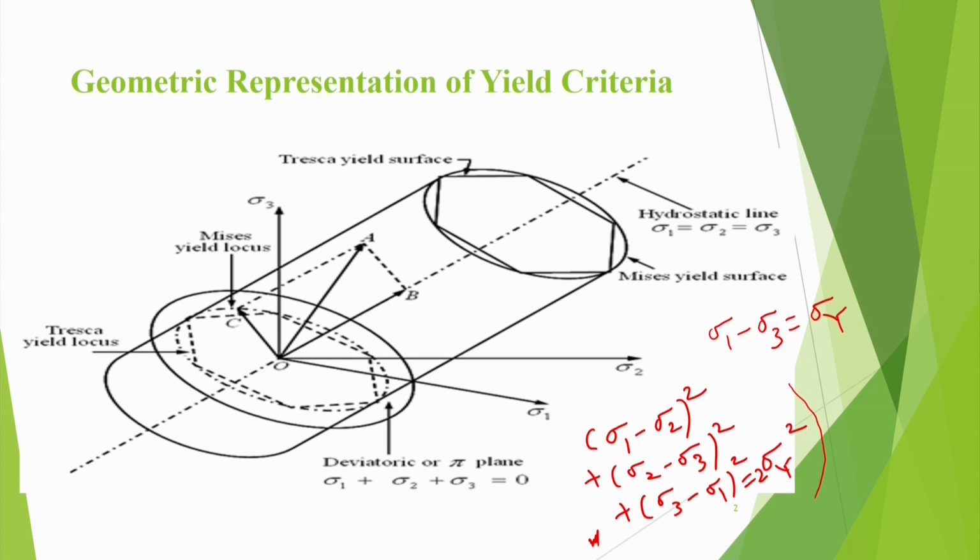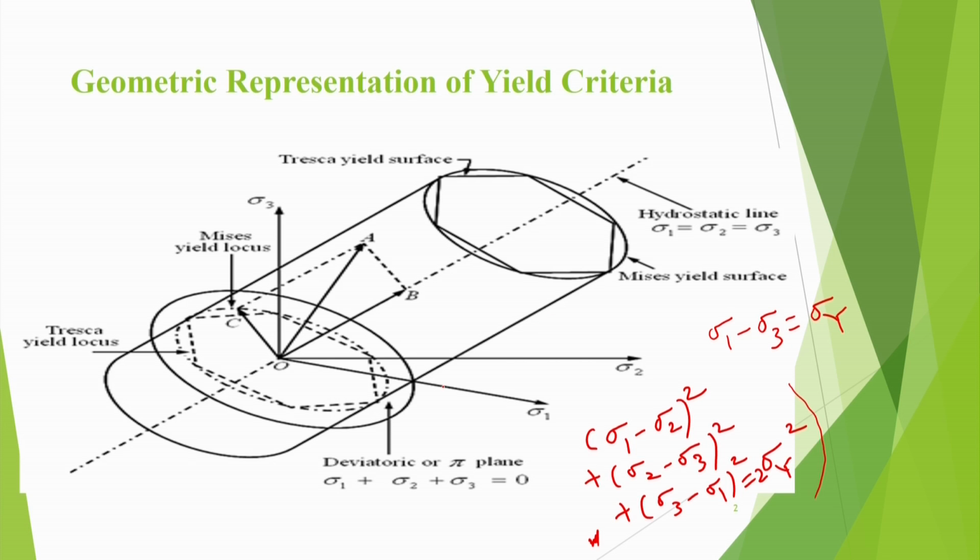That has been shown here, but on a plane surface I cannot show 3D, so it has been shown in isometric view. I think you understand that this is basically a cylinder, and this is called the von Mises yield surface.